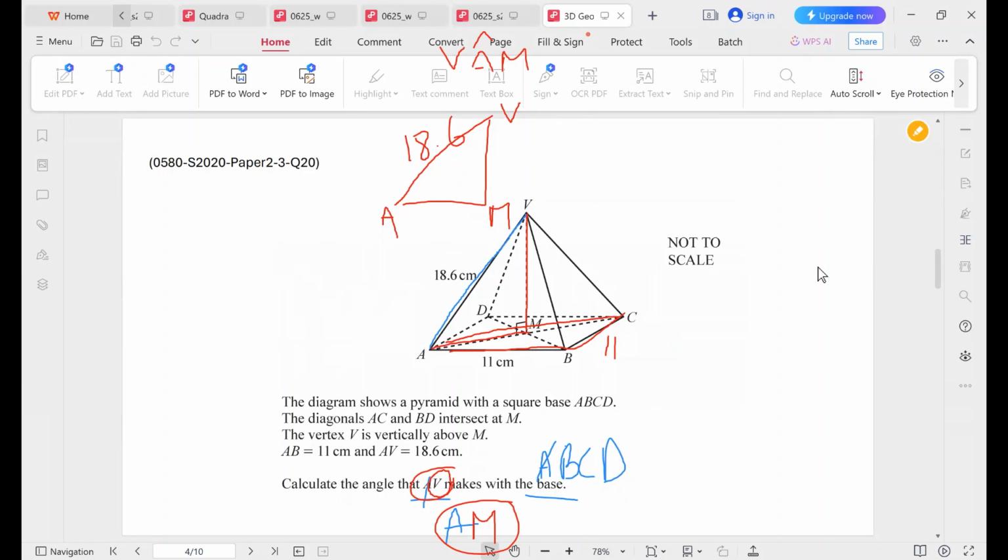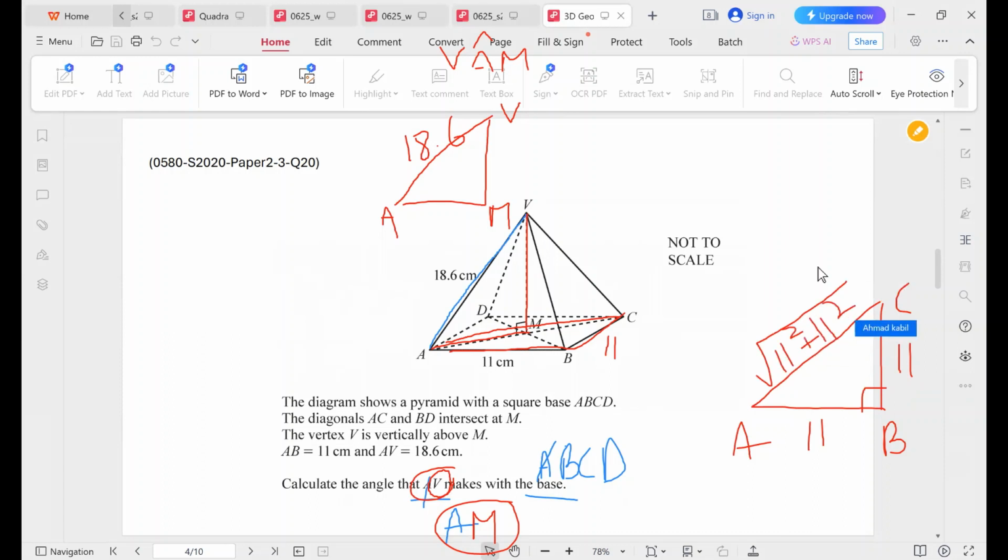And we can draw the triangle ABC. So this is 90, this is 11, this is 11. We want to get the Pythagorean, so 11 squared plus 11 squared. Use your calculator to do that, of course.